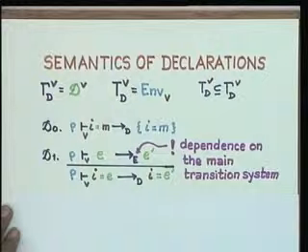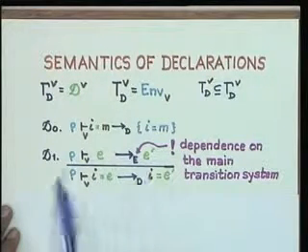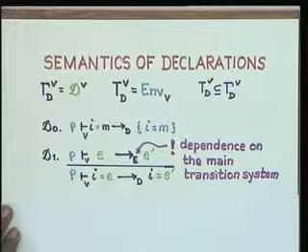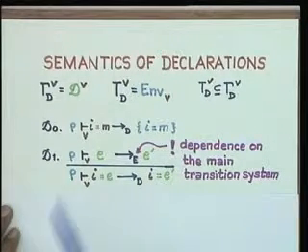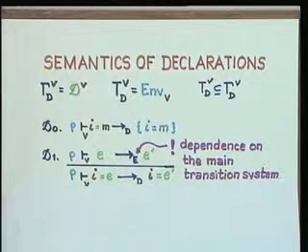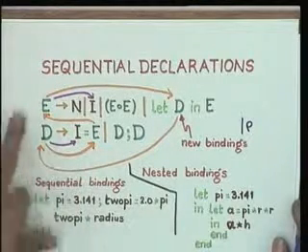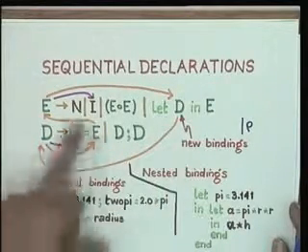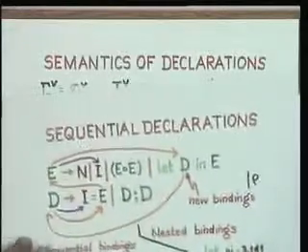So this is something like the induction step, which again depends upon the transition system for expressions. As I've shown you these dependencies here, the fact that there is an E means that you get these dependencies circularly.